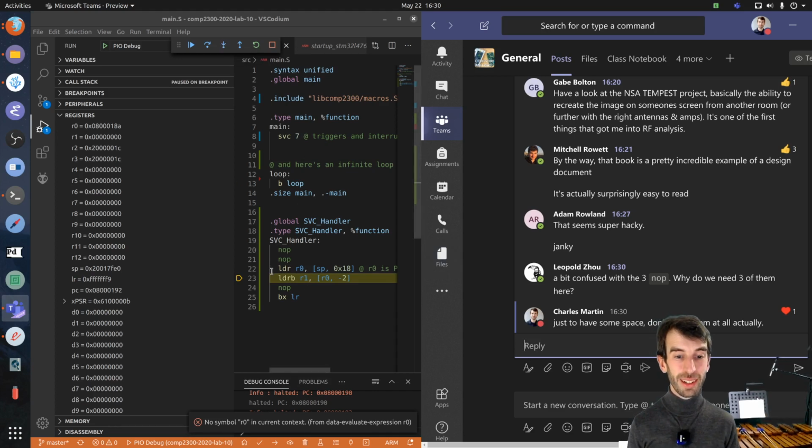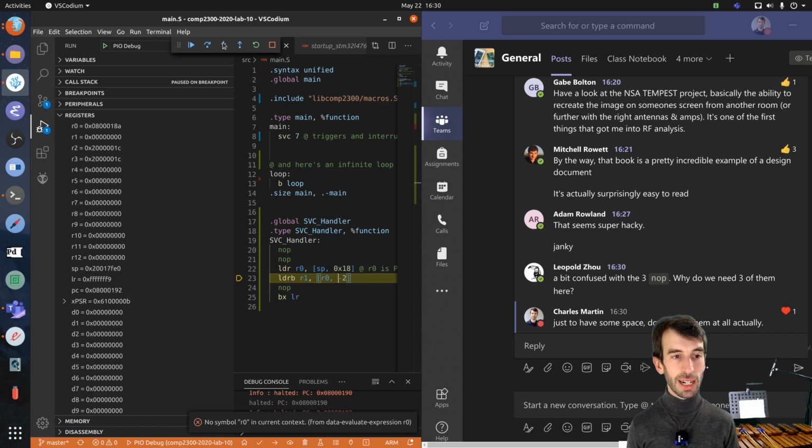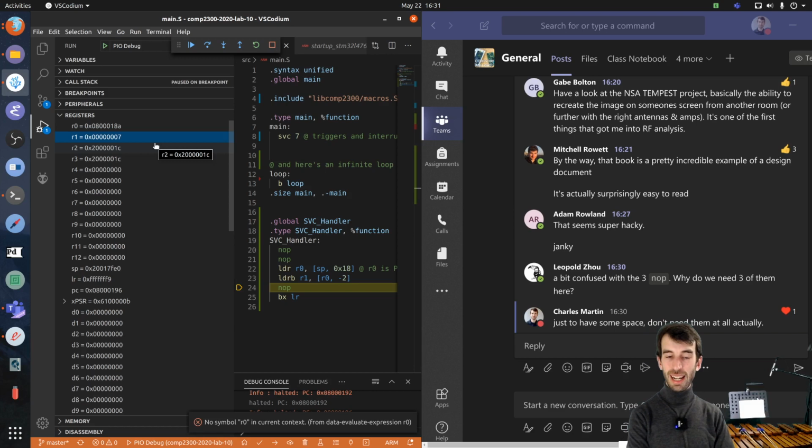So it's not necessary. It's just for demonstration purposes. So now I'm going to run. I've got PC. I'm going to load 2 bytes before that into R1, and there we go. We get 7. So that's our method of getting back our value from the supervisor call command.